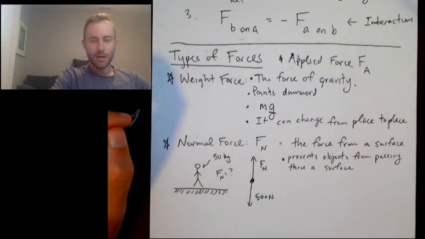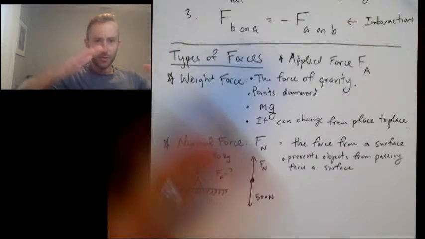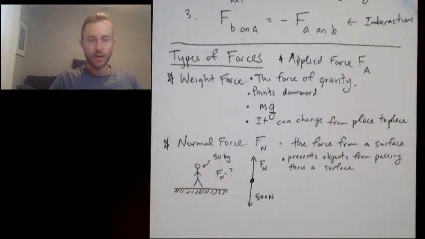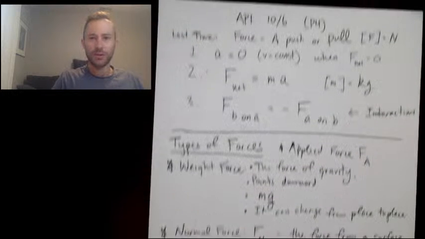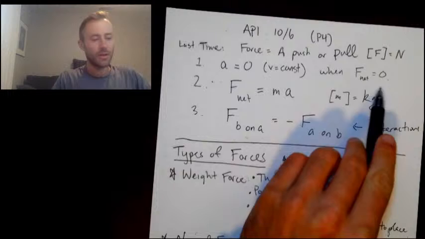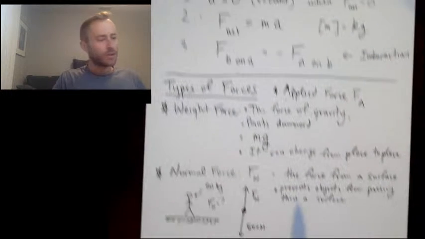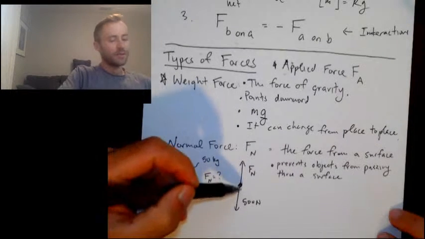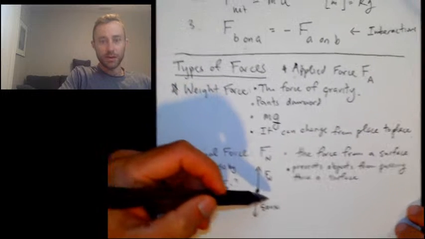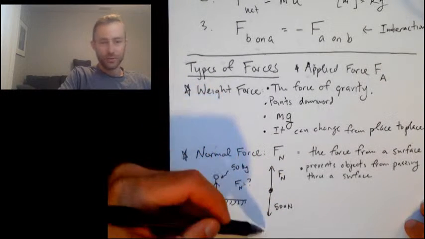Now let's think about it for a second. If a person is just standing on a surface, they're not accelerating. They're at rest, and according to Newton's first law, the net force is 0. Because the net force is 0, the upward forces had better equal the downward forces.